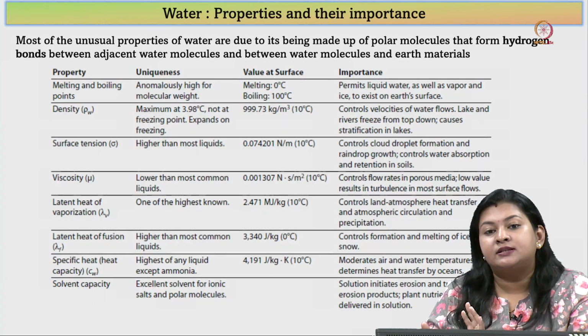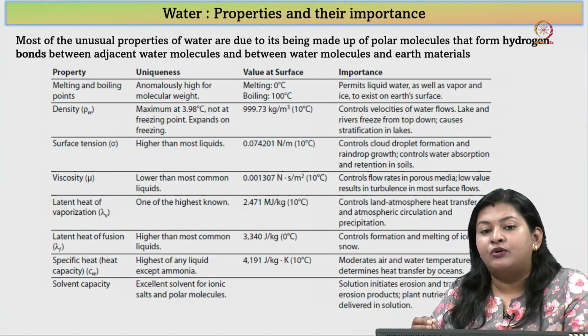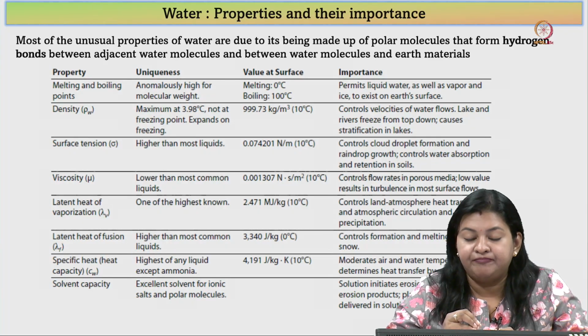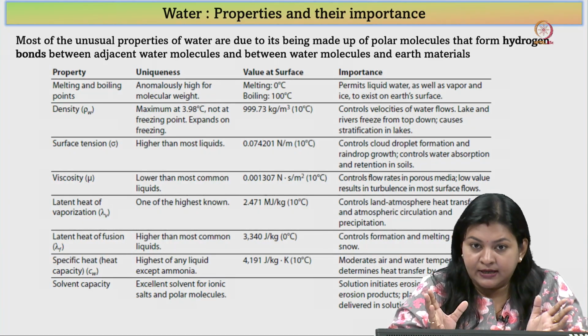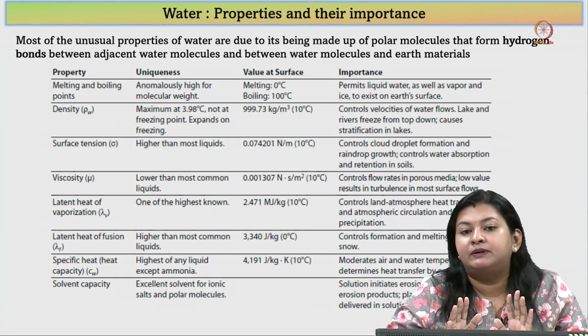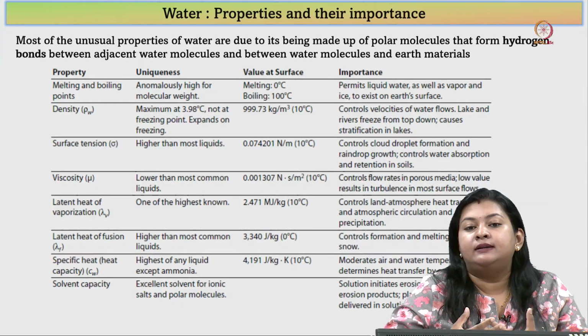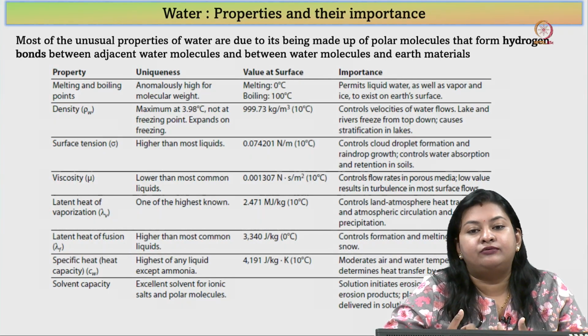So, on the earth's surface we can find water in all its three states of existence. There is always water vapor in the atmosphere, of course there is liquid water on the surface, and in the colder regions you will find it in the form of ice.